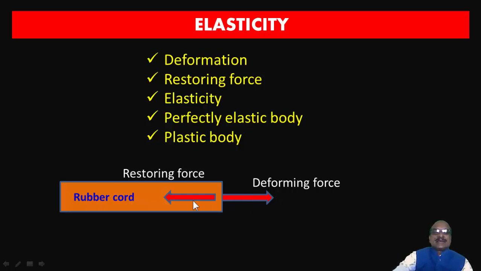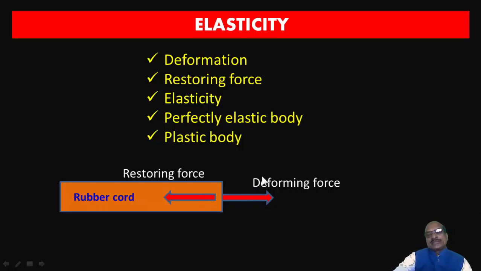It is to be noted that when the deforming force is applied on the material body, equal and opposite restoring forces exist in the material, and these restoring forces will try to bring the material body to its initial configuration or equilibrium configuration. Therefore, these deforming forces and restoring forces are always acting opposite to each other.